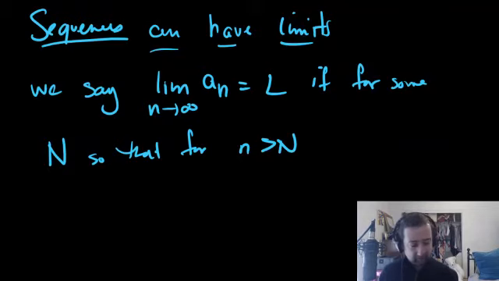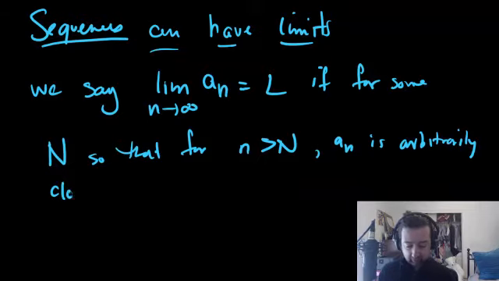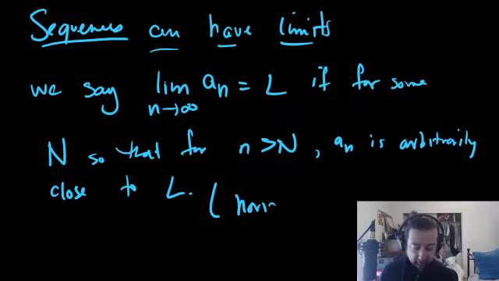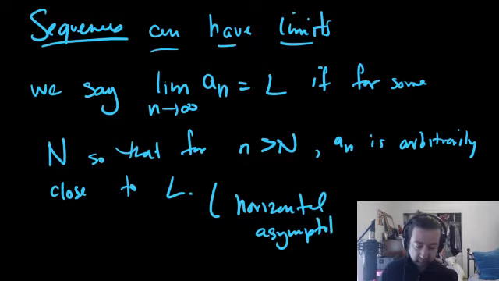So that n bigger than N, an is arbitrarily close to L. Basically, this is the same as saying it has a horizontal asymptote. That's what we're after here when we talk about limits of sequences, right?